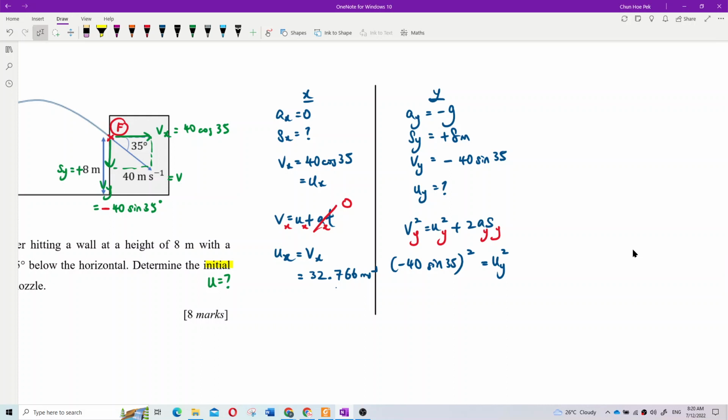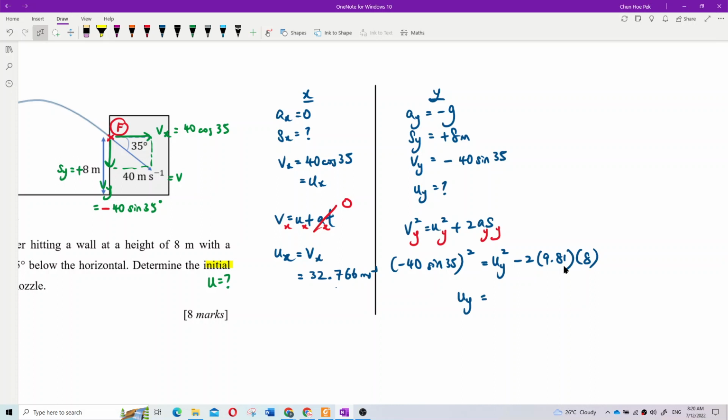And ay is negative g, so we can write negative 2 g. G is 9.81. The negative go outside lah. And then sy is 8 meter. Okay, we can find our uy.